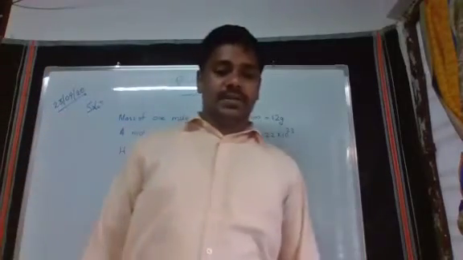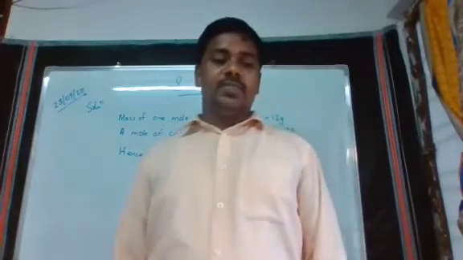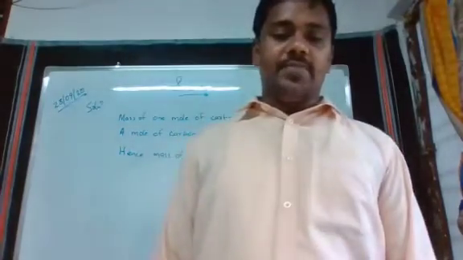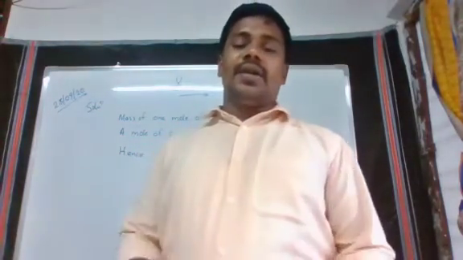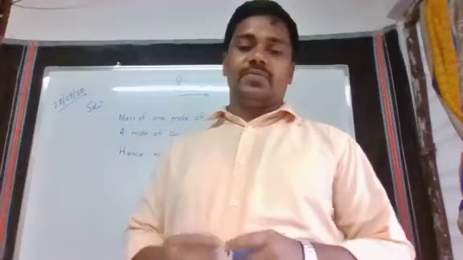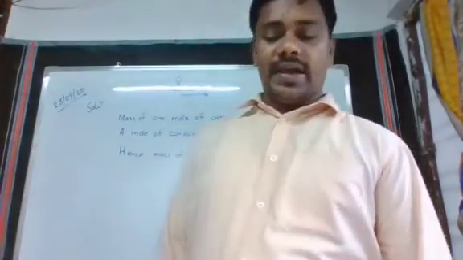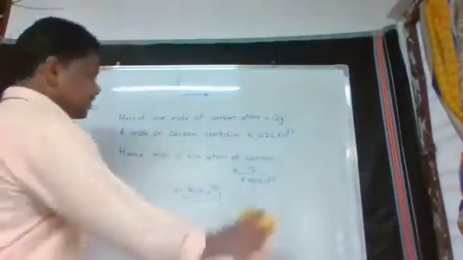Then, what is the next? Which has a smaller number of atoms, 100 grams of sodium or 100 grams of iron? Given, the atomic mass of sodium is 23 and iron is 56 units. What is given, we have to write first.